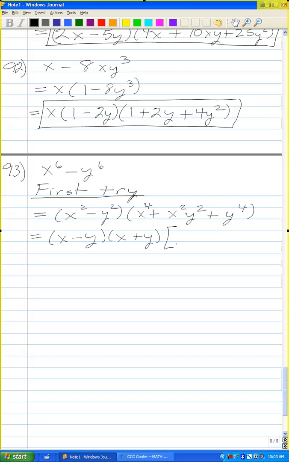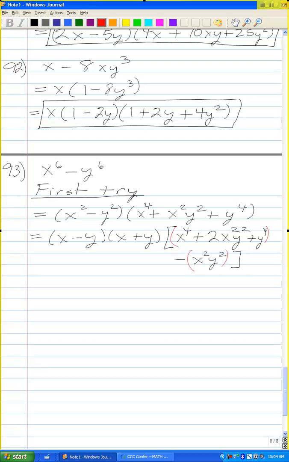Next, I have here x to the 4th plus x squared y squared. Let me write this as 2x squared y squared plus y to the 4th minus my x squared y squared. So I can just add and subtract x squared y squared. And so what I'm going to do here is try to factor this by grouping.